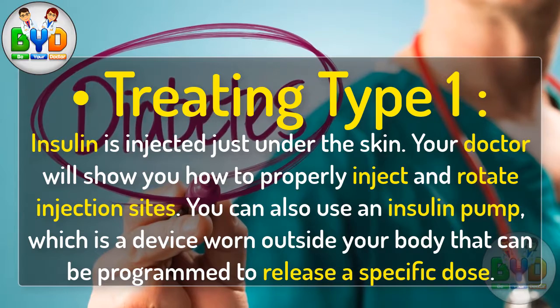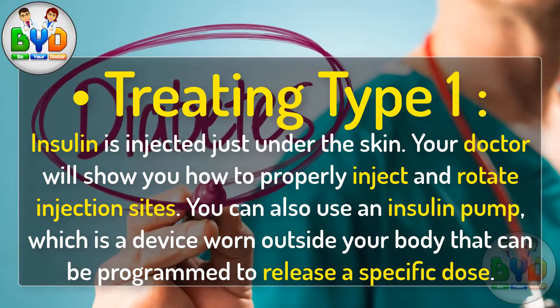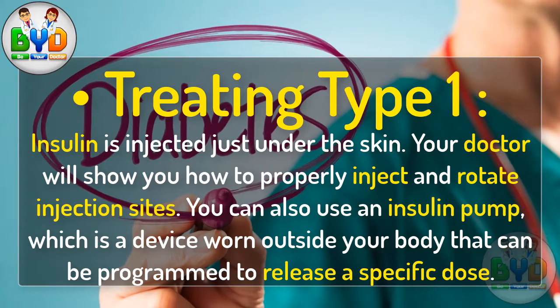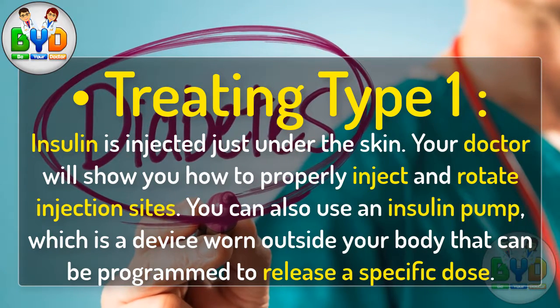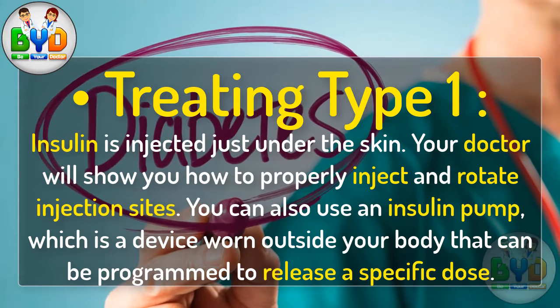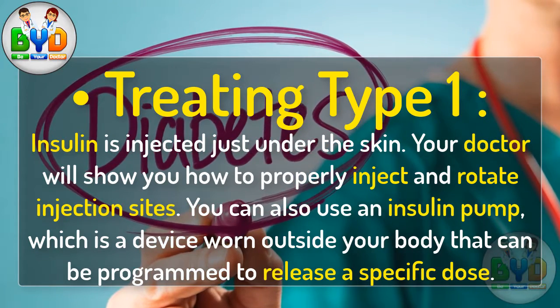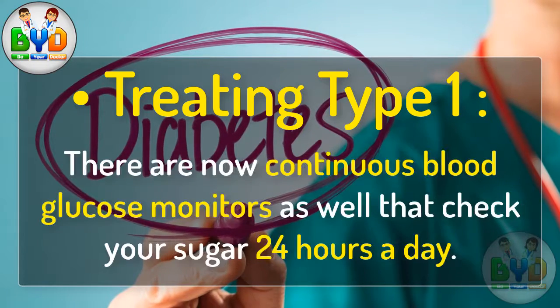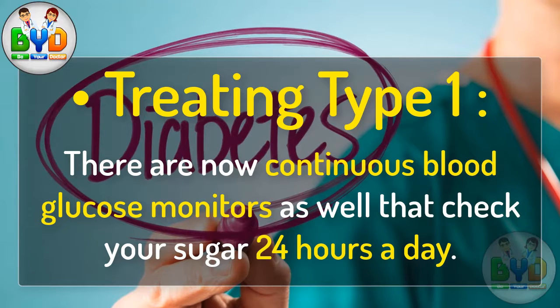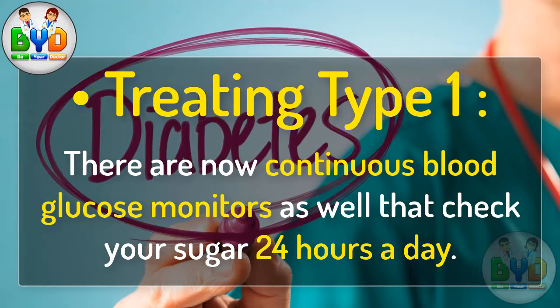Your doctor will show you how to properly inject and rotate injection sites. You can also use an insulin pump, which is a device worn outside your body that can be programmed to release a specific dose. There are now continuous blood glucose monitors as well that check your sugar 24 hours a day.